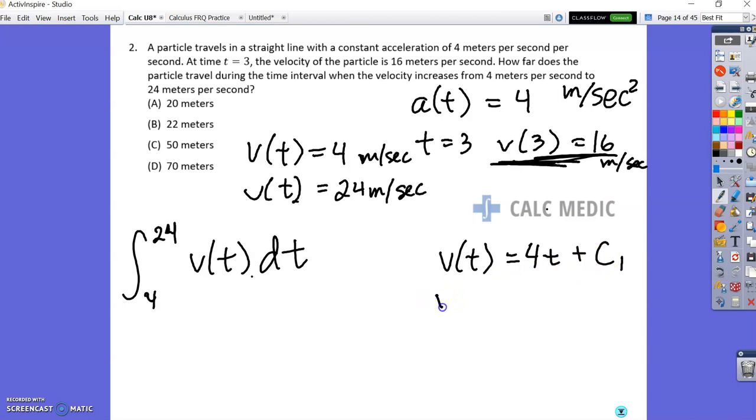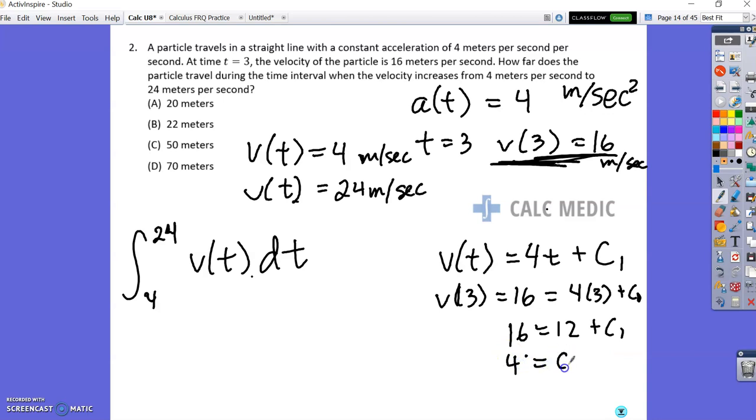So we know that v of 3 equals 16, so 4 times 3 plus C1, and I used 1 just in case I need to do any more. So 16 equals 12 plus C1, so 4 is C1. So that's my velocity.